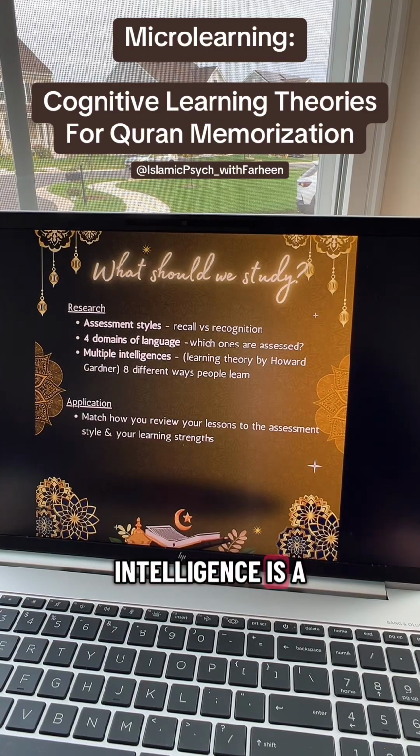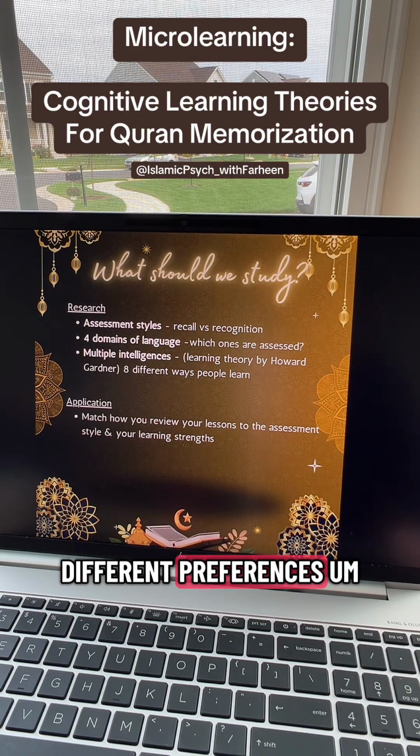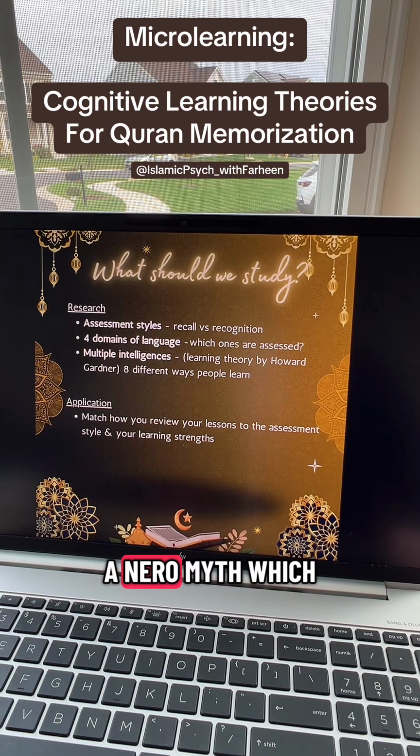Multiple intelligences is a learning theory by Howard Gardner, where he outlined 8 different ways that people learn. I didn't go through and list all of those, but you could do an easy Google search or drop it in the comments, and I'd be happy to go over that learning theory as well. We do have different preferences, but there is a neuromyth: if you like to learn or learn faster through visuals, that's the only way to learn.